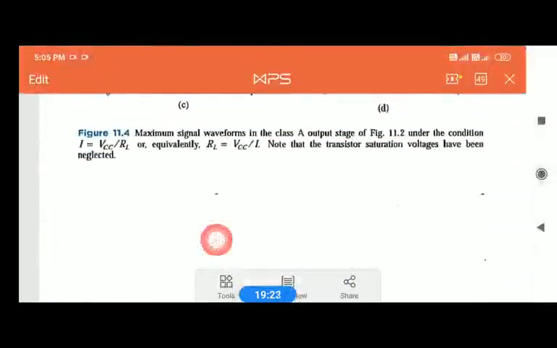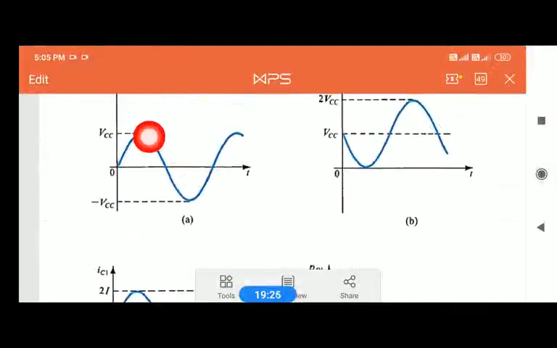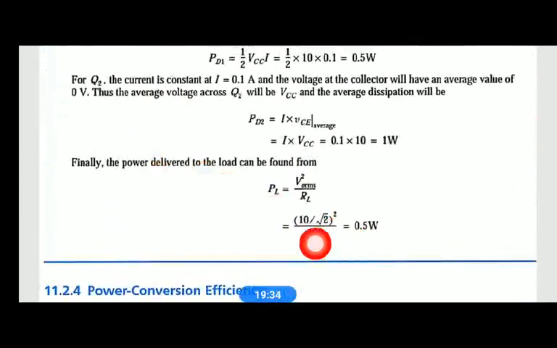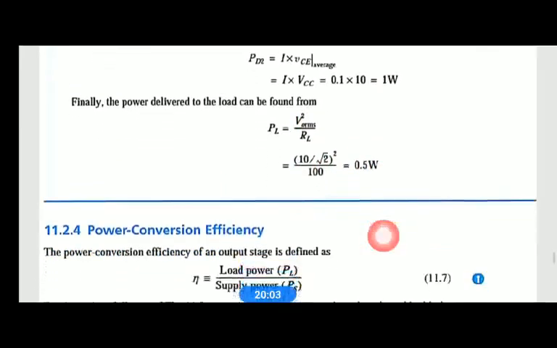So this peak voltage, we take in terms of RMS: 10 divided by √2, whole squared. To convert from peak voltage into RMS we divide 10 by √2, then square it, and divide by RL, which is 100, giving 0.5 watt, right?